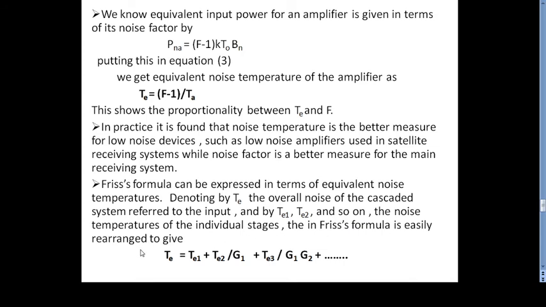Rearranging the equation, the total equivalent noise temperature for the system in cascade is T1 plus T2 divided by the gain of the first amplifier, plus T3 divided by G1 G2. So the Friis formula is very useful when we express the equivalent noise temperature in cascade.